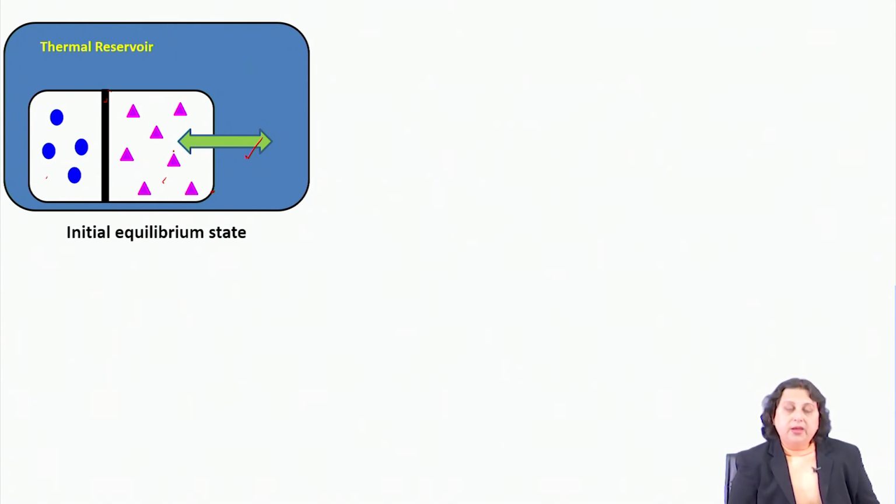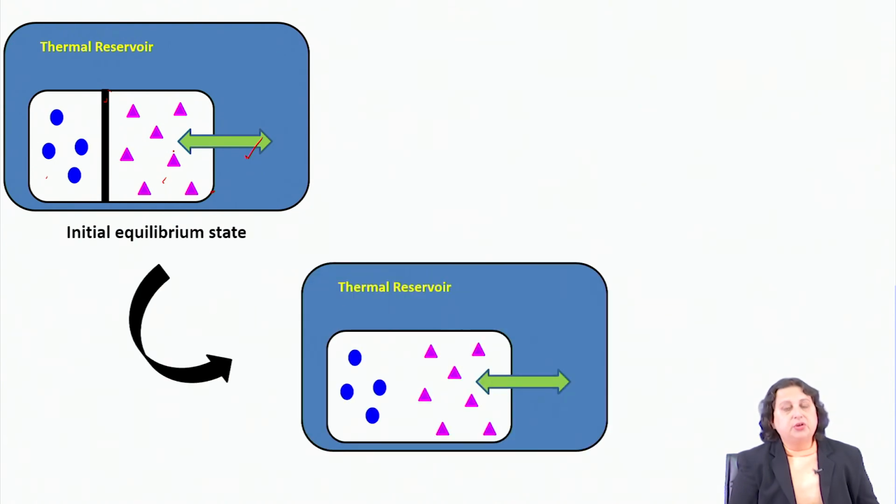Now, if I want to induce the system to undergo a change in state, then I will withdraw this separator. Now, what will happen? The system is now out of equilibrium. It will now evolve towards a new equilibrium state.